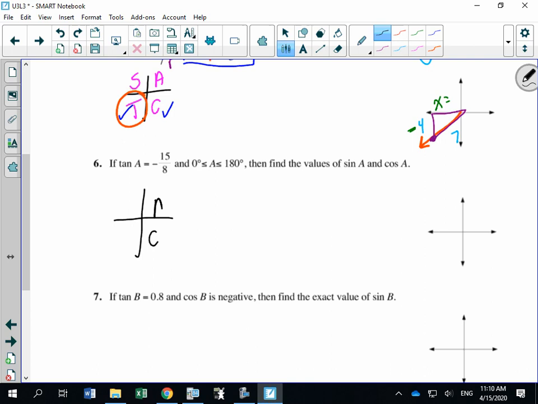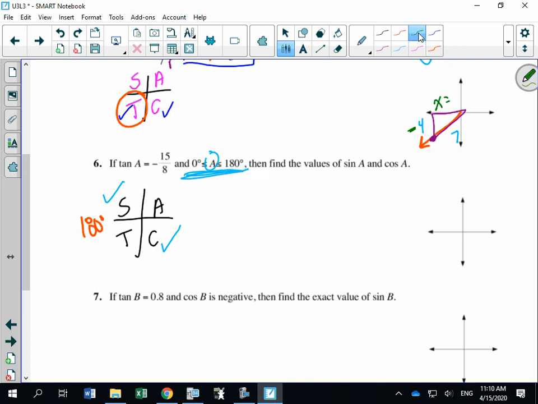According to CAST, put a check mark in the two quadrants where tan is negative. So where is tan negative? Here and here. Then my solution, they're saying, is my angle is less than 180 degrees. So here's 180 degrees.